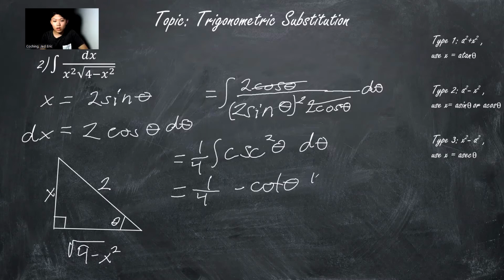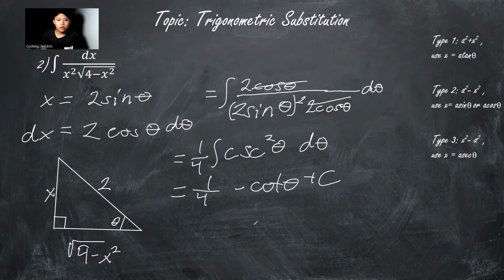plus c. But wait, now the cotangent theta, I need to convert this into an x value.